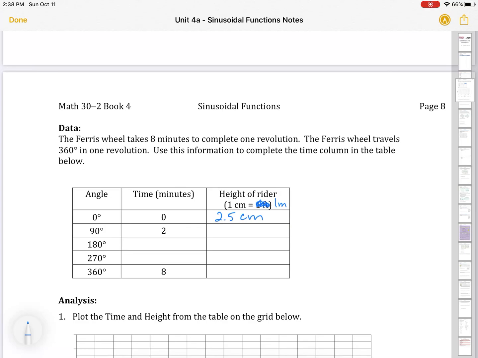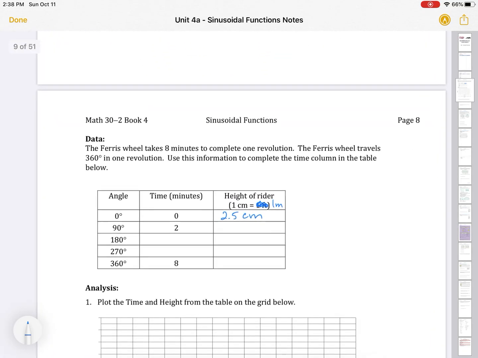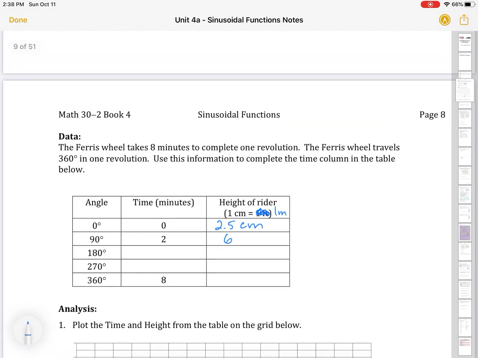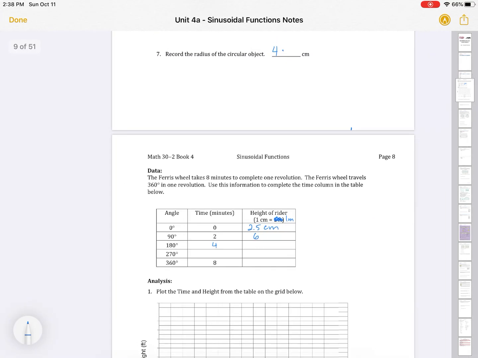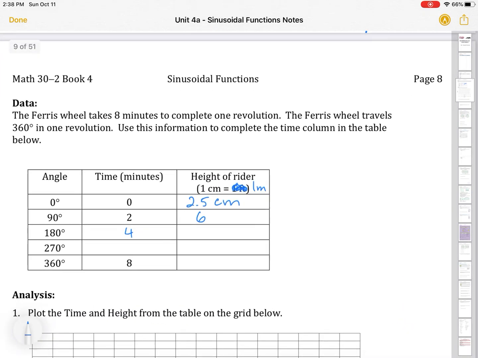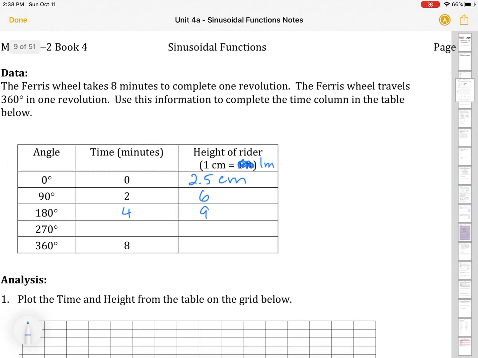At 2 minutes, we'll be at 90 degrees, and if we look back, that was at 6 centimeters, which is equivalent to 1 meter. At 180 degrees, this time would be 4 minutes. This is a pretty slow-moving Ferris wheel. And looking at our sketch, we're at 9.5 centimeters.